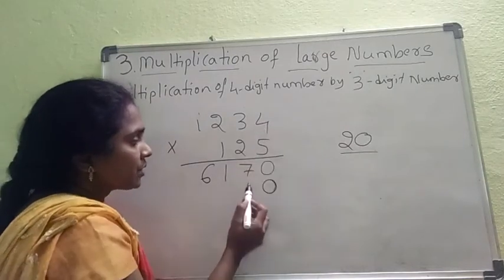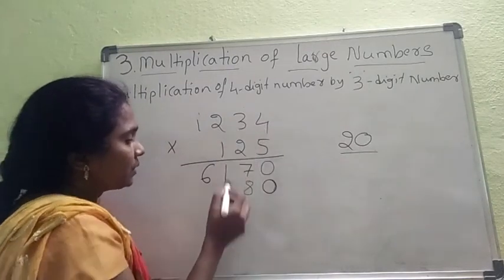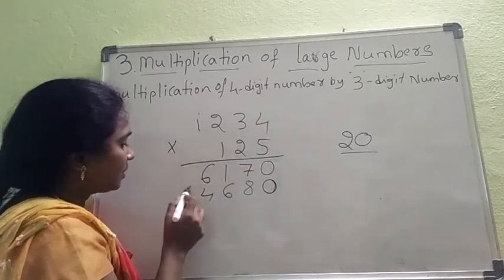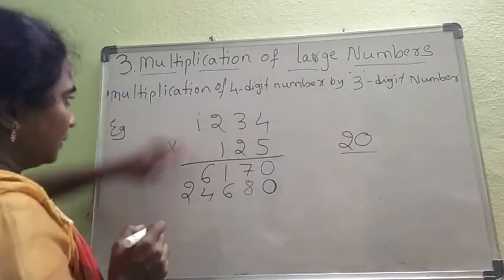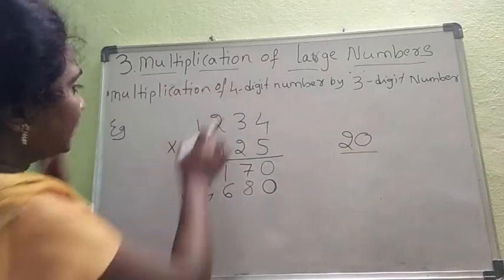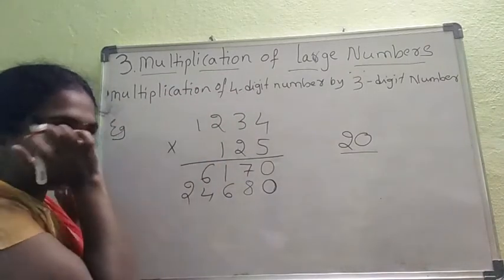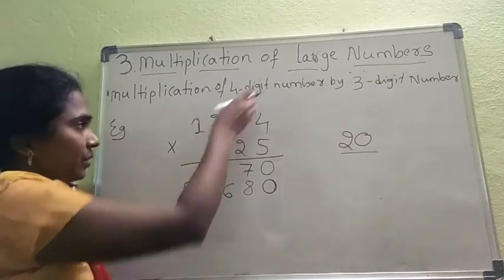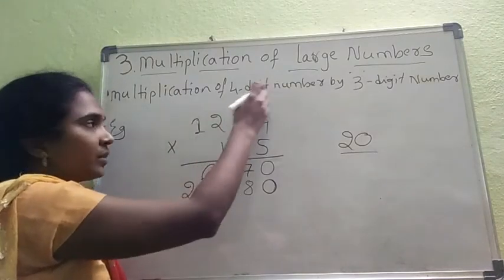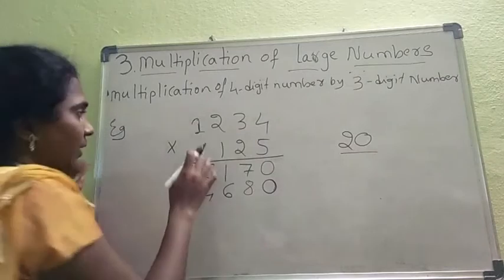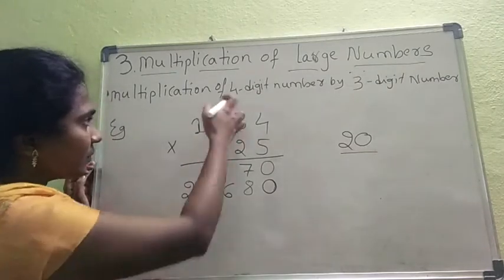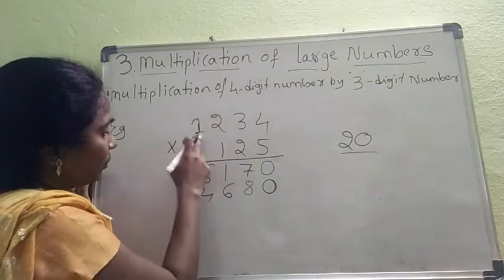Now 2 4s are 8. 2 3s are 6. 2 2s are 4. 2 1s are 2. I rubbed the carry forwards here, right? If you keep them also there's not any problem. If you keep the carry as it is, or you rub it, nothing will change the value. So don't worry, I erased the carries here. Okay, now 2 1s are 2.